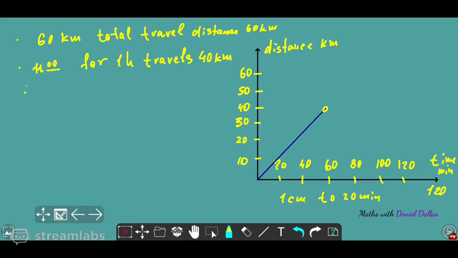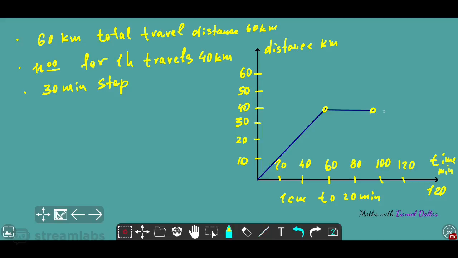Then she stopped for 30 minutes. 30 minutes. Stop. Okay. And completed her journey in 20 minutes. So that means a 30 minute stop. It means from 60 to 90.